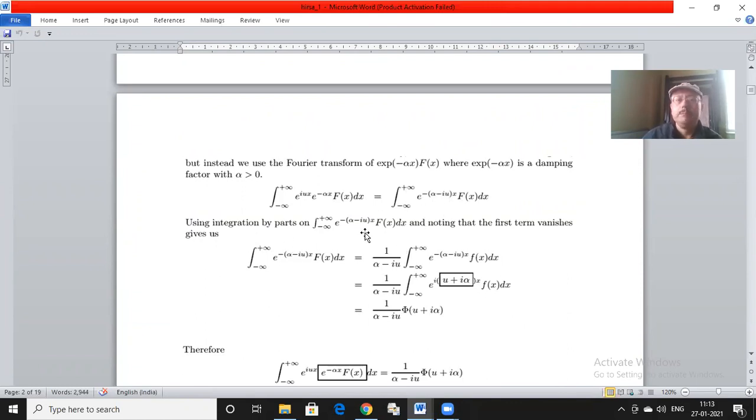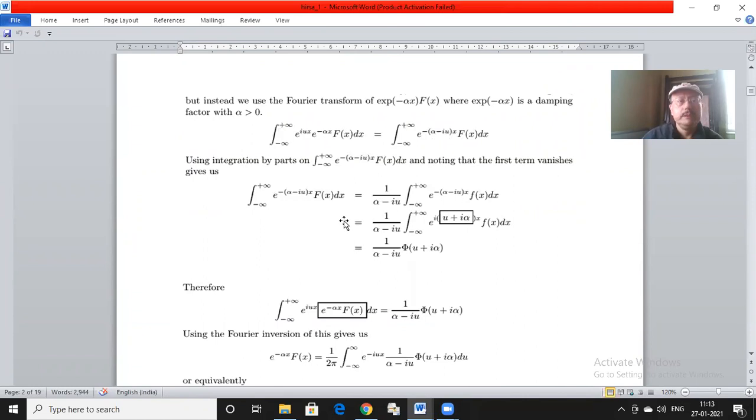Now use integration by parts. If you use integration by parts here, you can check that the first term will vanish, and what we will be left with is the following, because in the second term I will be differentiating capital F. So inside I get small f, and this exponent comes out in the denominator.